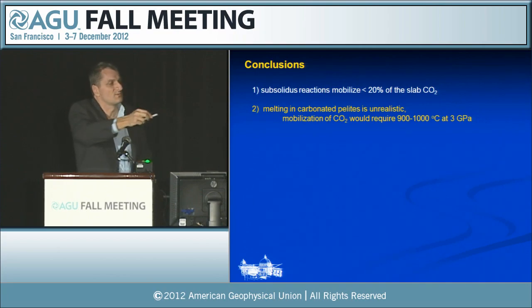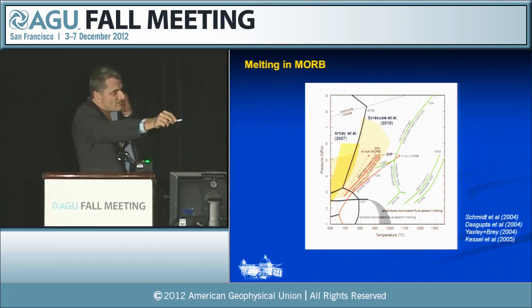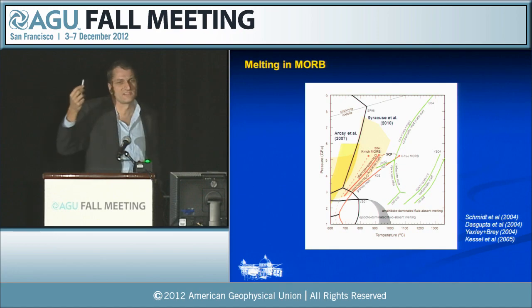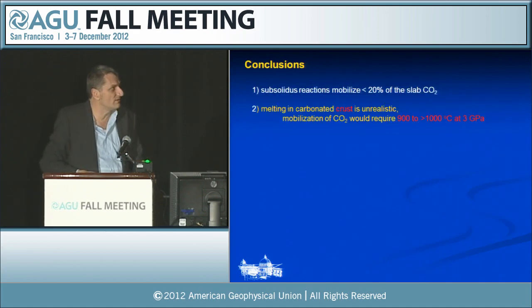Mobilization of CO2 would require 1,000 degrees or so. If you do the same thing with basalts, that's the wet solidus in green, the one from Dasgupta et al. This is from Yaxley et al. It's of course the same. Basalts melt at very much higher temperature, so if you have carbonates, you cannot melt them out. So in general, there's no way to melt out the carbonates.